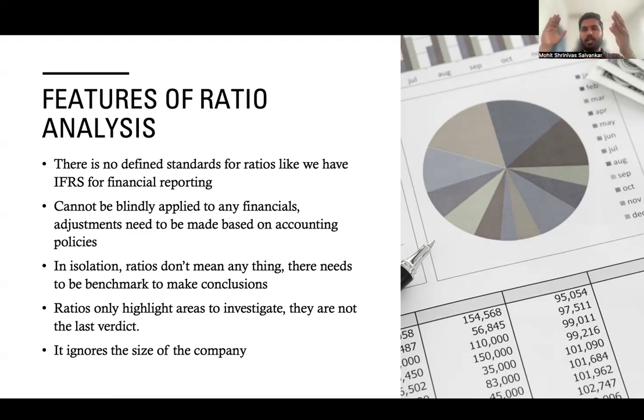And if I take one large MNC like Apple and get ratios for Apple as well, then I will be comparing these percentages and ratios of these two companies. Looking at ratios, we will never know the size difference of the companies. So ratios don't consider the size of the company. So that's one demerit of the ratios. So again, ratios cannot be blindly applied. You have to use your mind.